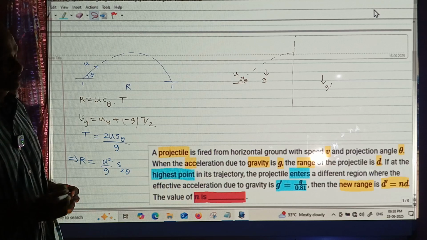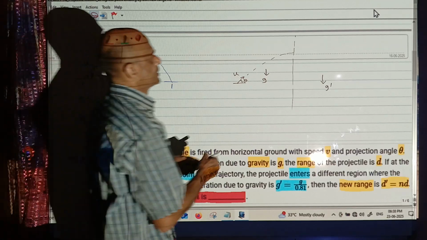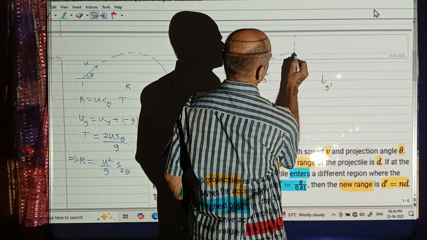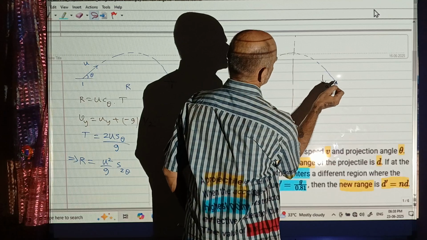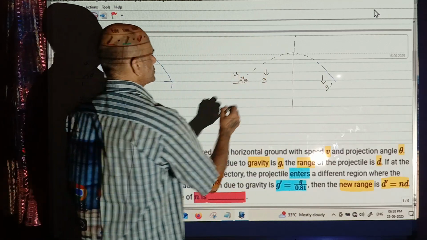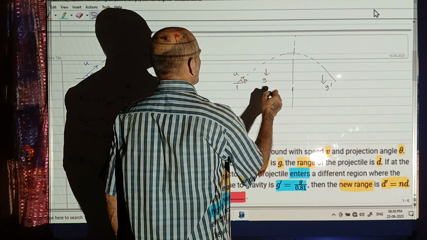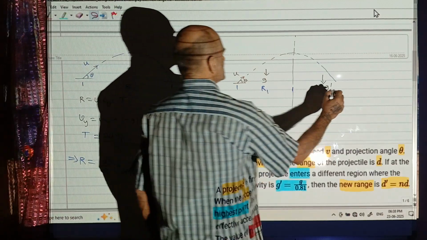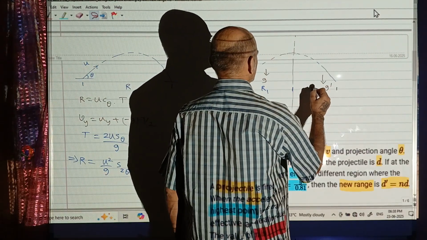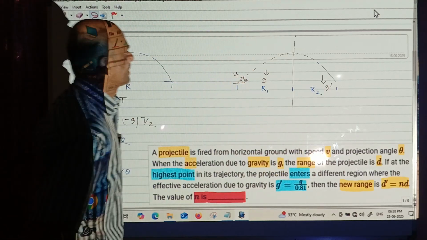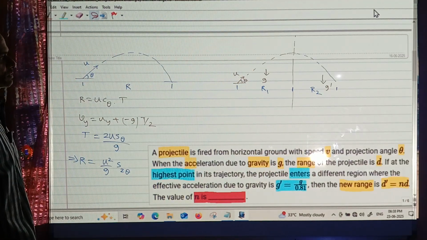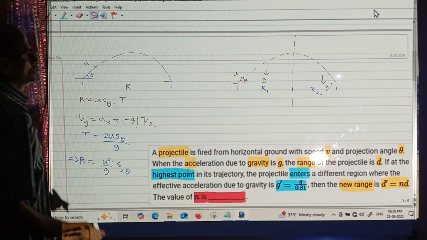So the gravity field is stronger, so it will come down faster. Something like this. So this distance covered, R1, we can find out, and this distance covered in the second half is R2. So the range of the second-case projectile is R1 plus R2.